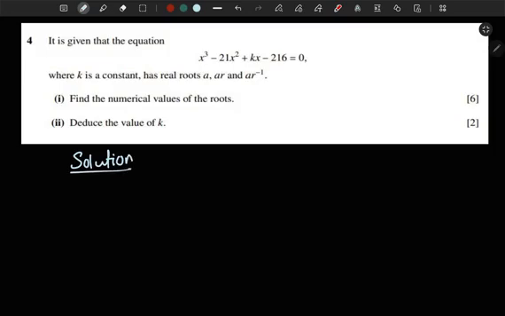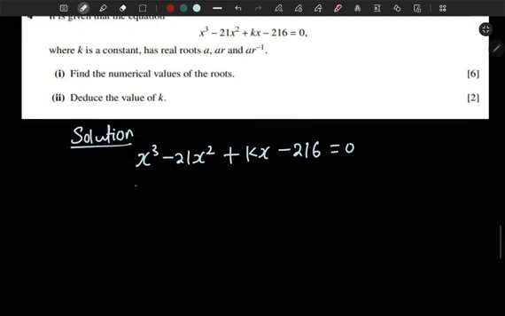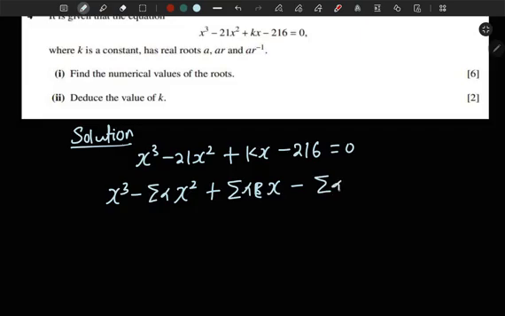So first thing to do is to write out the given cubic equation, which is x cubed minus 21x squared plus kx minus 216 equals 0. Then you compare this with x cubed minus summation alpha x squared, plus summation alpha beta x, minus summation alpha beta gamma.